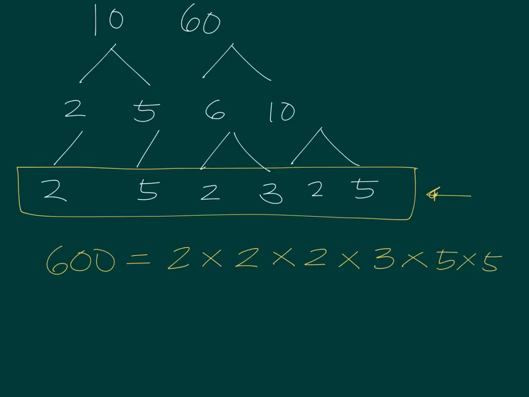If I didn't ask you to write it in index notation, then this is already finished, right? But we need to write this in index notation. So we count. 2, how many? 2 to the 3, times 3 times 5 to the 2. And that's the prime factorization in index notation.